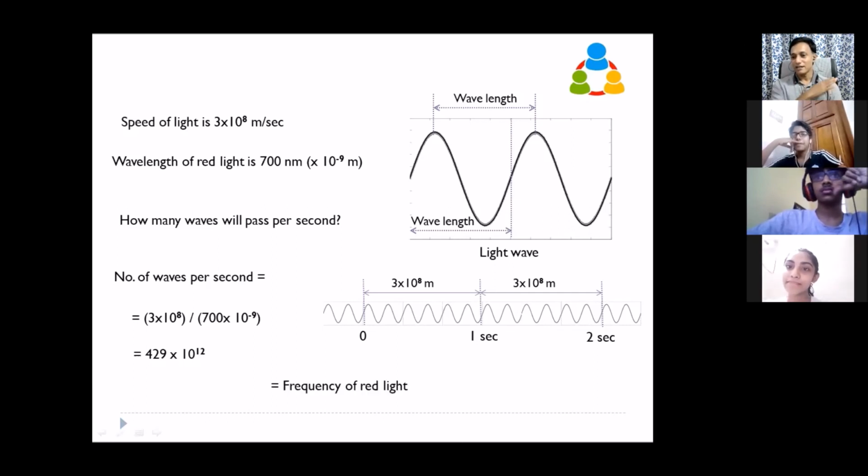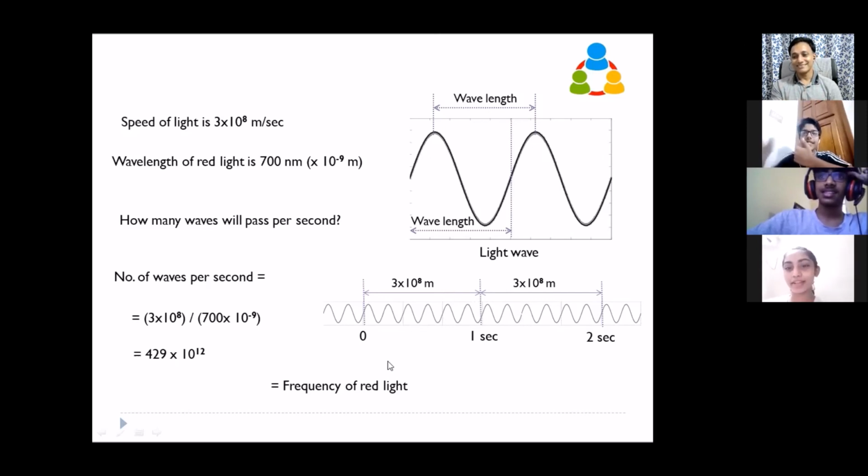In 1 second, how many waves will pass? So what is frequency depending upon? When will frequency be more? When will more waves pass? Look at this diagram and tell me, what parameter will decide the number of waves, more or less?